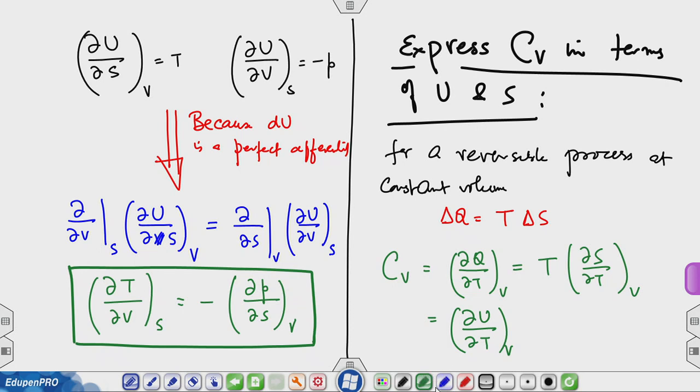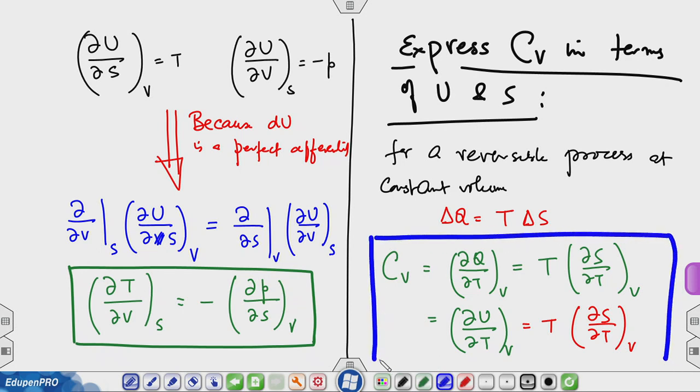Cv is dU/dT at V, or it is also equal to T partial S partial T at V. And let me box this.